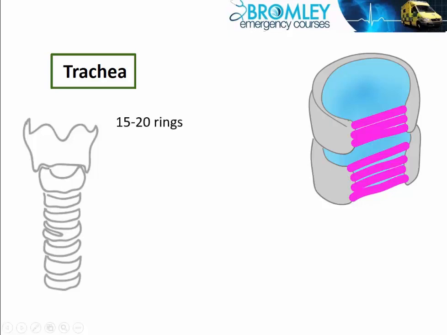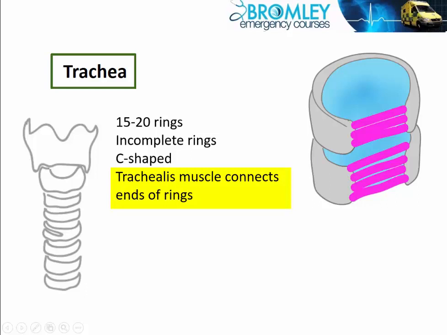Down to the bifurcation, there's a total of about 15 to 20 rings. Of course, these rings are incomplete. They're C-shaped, and at the back, posteriorly, the end of each ring is held to the other end across the gap by muscle known as the trachealis muscle. This is a smooth muscle.